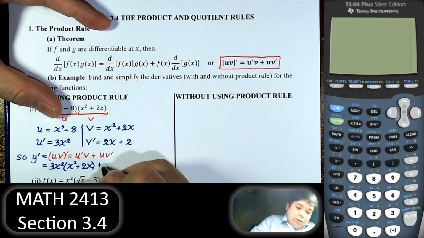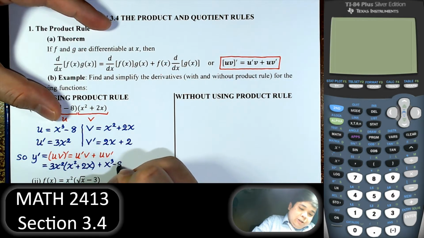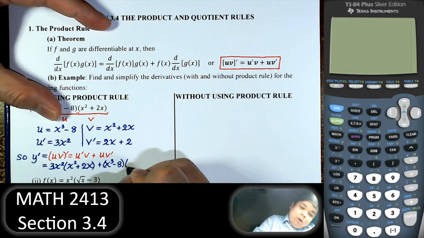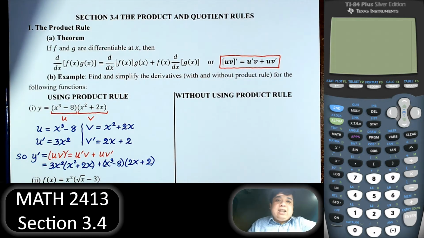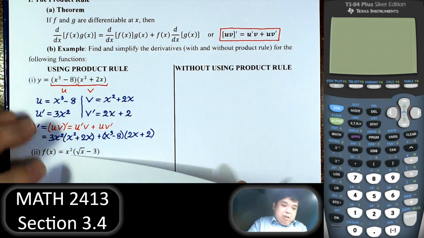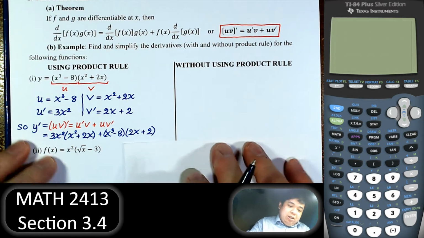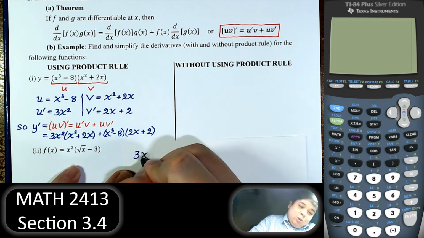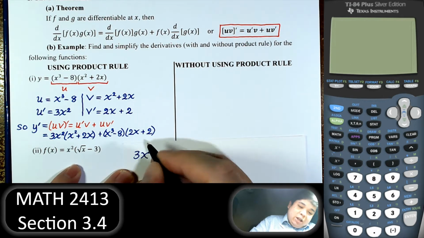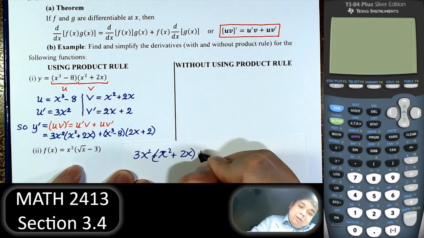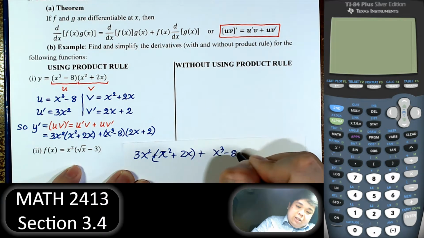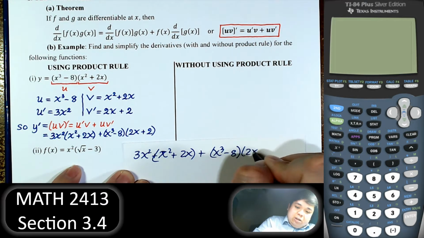I guess I have to continue on this piece of paper and multiply it out. 3x squared times x squared plus 2x, plus x cubed minus 8 times 2x plus 2.